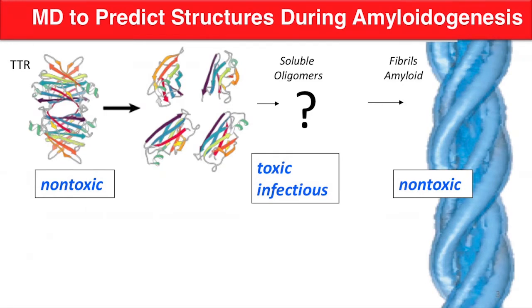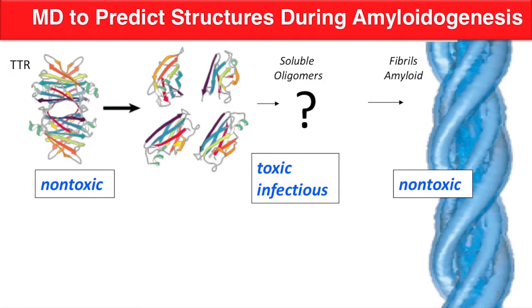In so doing, we started to fill in, as you see in the next slide, some of the gaps along the way. From experiment, we couldn't see those conformational changes on the way. We could only see the starting and final states. For transthyretin, it initially dissociates, and then there's a conformational change to lead us to the toxic infectious species, what are called soluble oligomers.